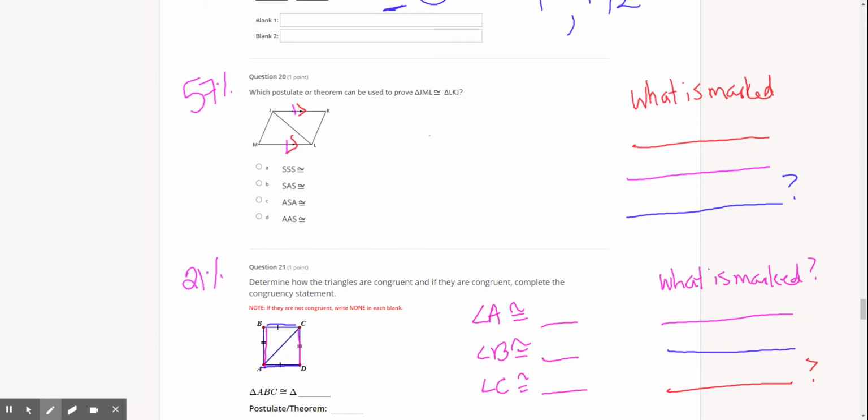So what do I have marked here? What's marked in red? Parallel lines. What do I get from parallel lines? So I've got alternate angles. So I've got an angle. And then what's marked in pink?